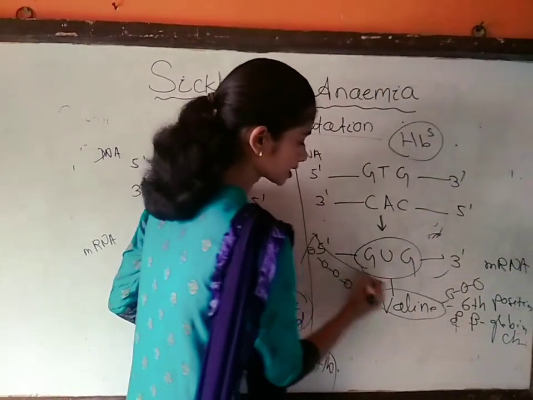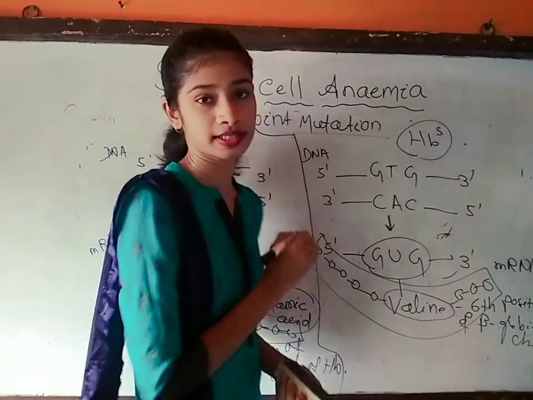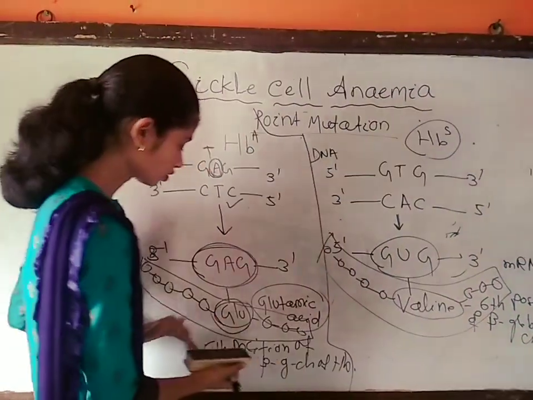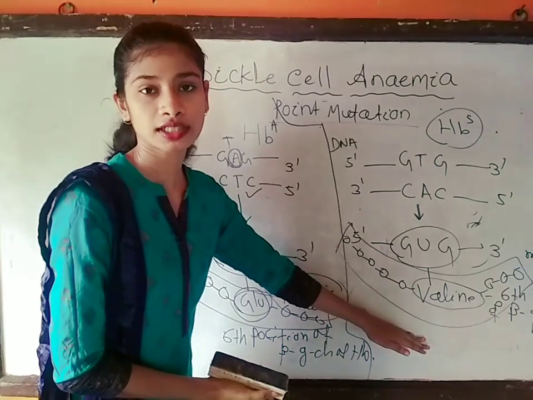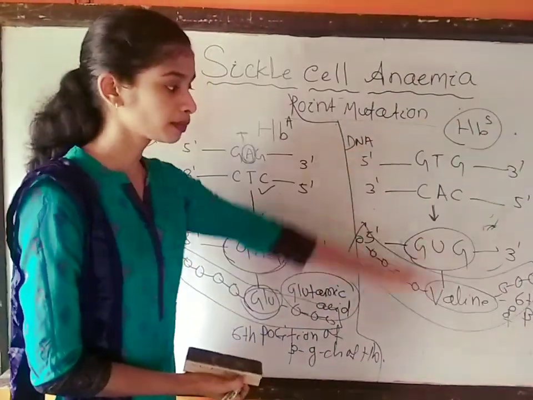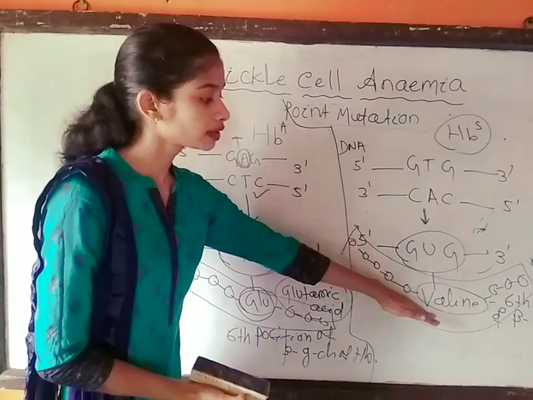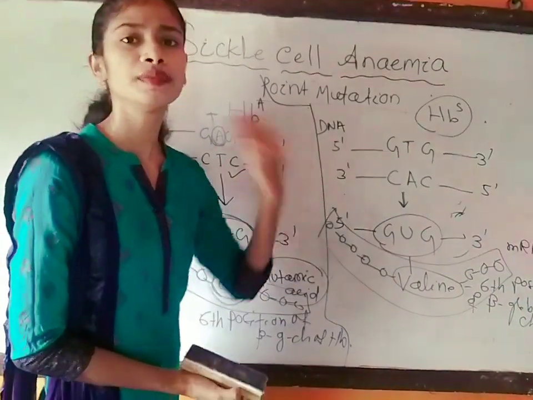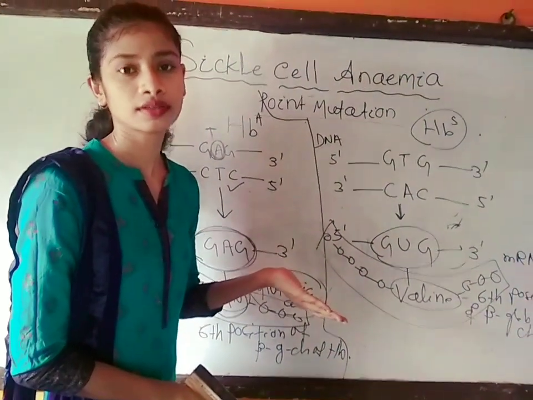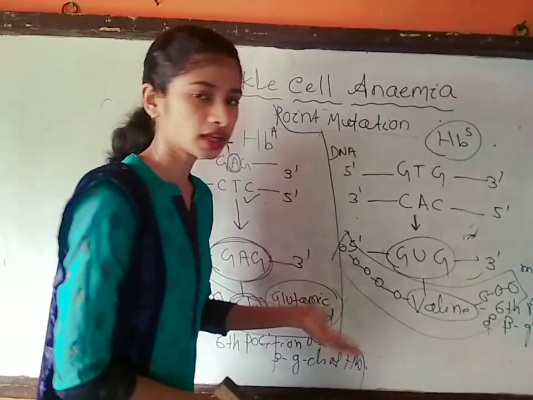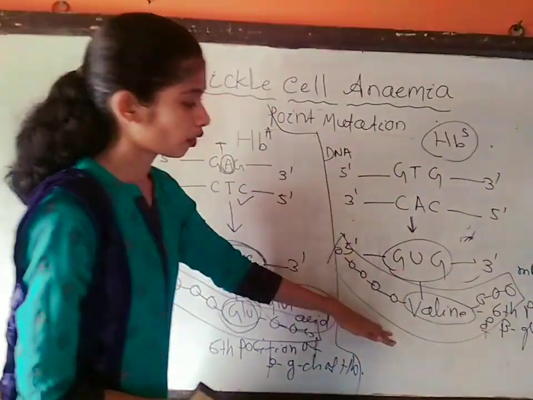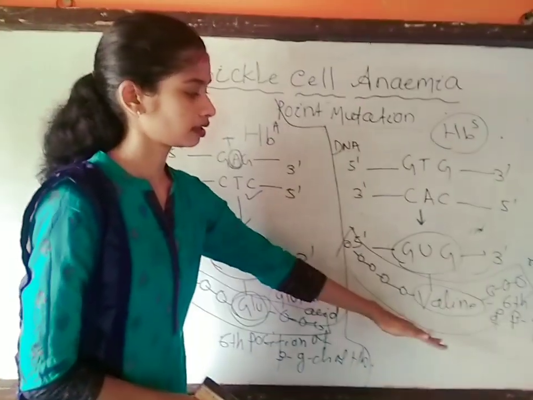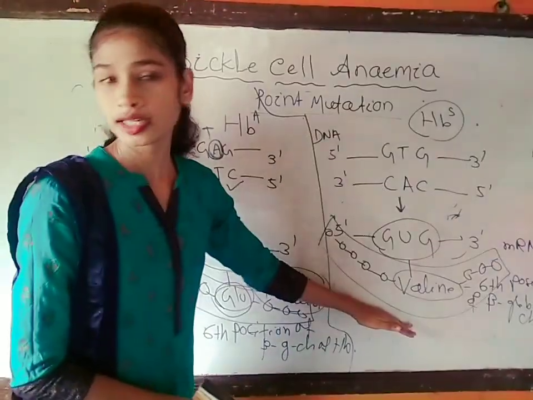So this chain gets defective. This is the normal chain and this is the defective chain. And you know where the mutation occurs. If this beta globin chain gets mutated, the entire beta globin chain will be defective. So in this type of mutation, the beta globin chain gets defective.